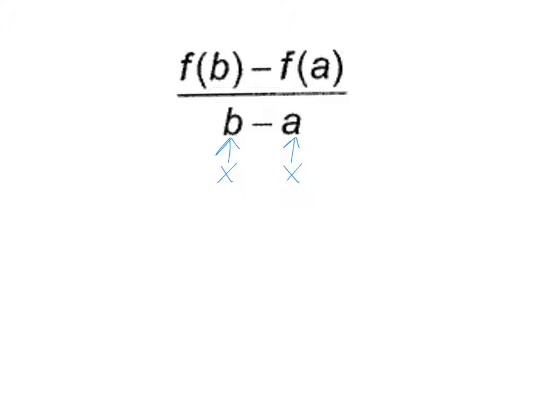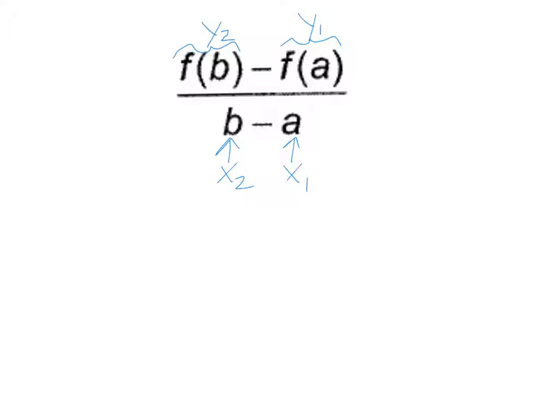And then once they're plugged into the function and worked out, those values are the y values. So we've got two different y's and two different x's. Let's call the top first y2 minus y1, and then on the bottom x2 minus x1.